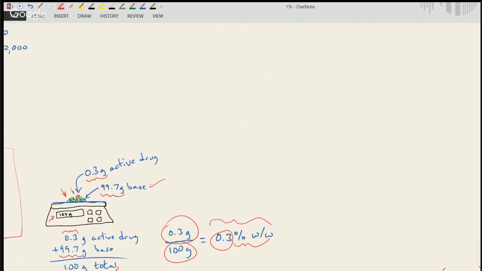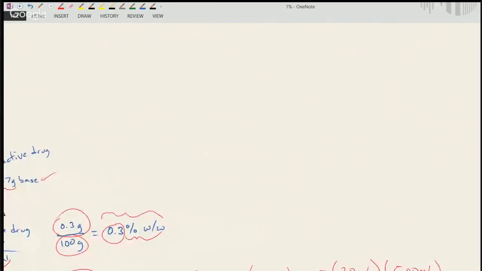There's that cross multiplication. So X equals 20 times 500, that is 10,000 divided by 100 equals 100 mLs.